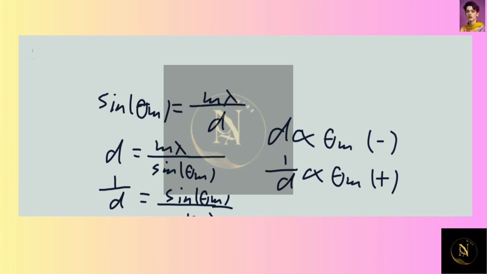Then all we need to do is figure out which bright spot is closer, or which one is more narrow. Since if the separation of the slits is small, that means the angle is big. And if the angle is big, that means the number of lines per meter or per centimeter must be greater.